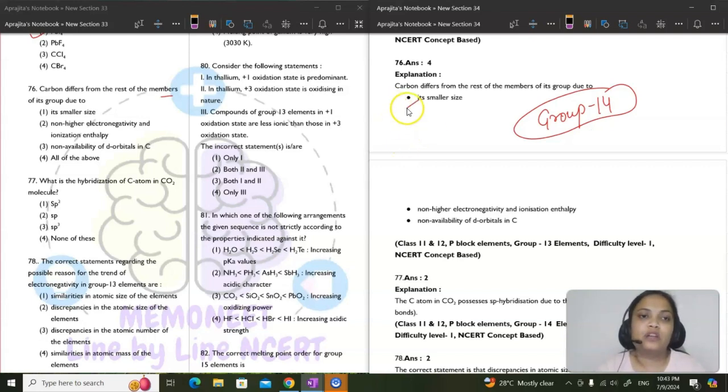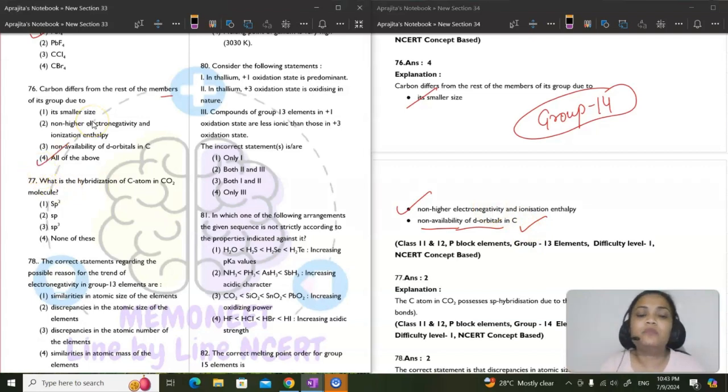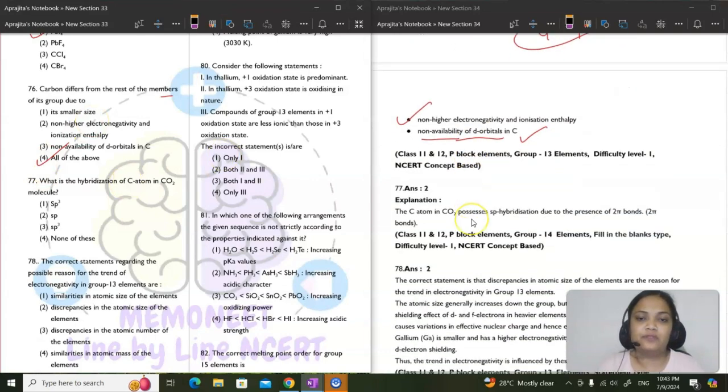Not higher electronegativity and ionization enthalpy; the electronegativity is also not much and ionization enthalpy is also not much. And there are no d orbitals in the carbon, because of which it differs from other members of its group. So the answer is all of the above.